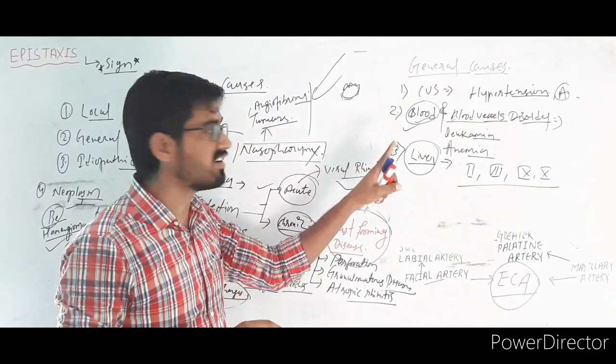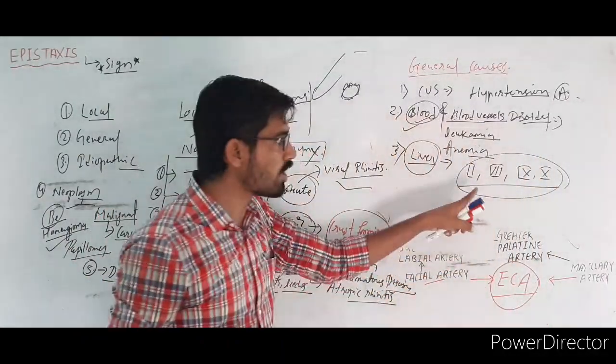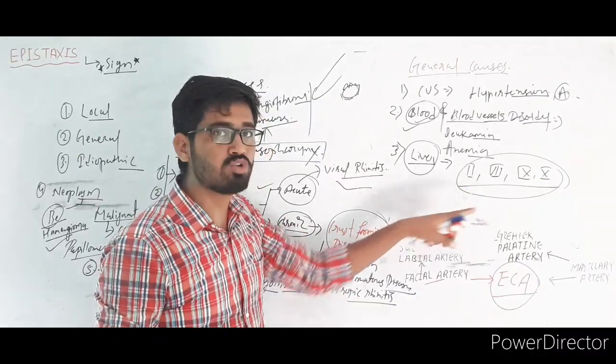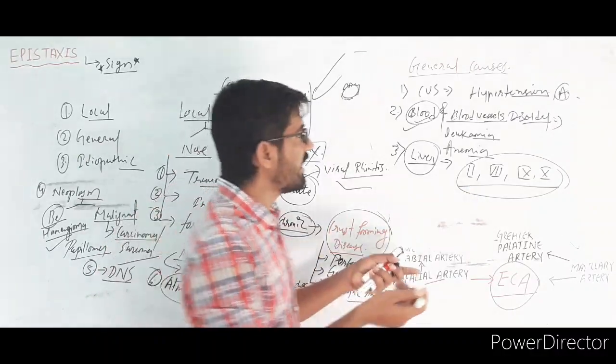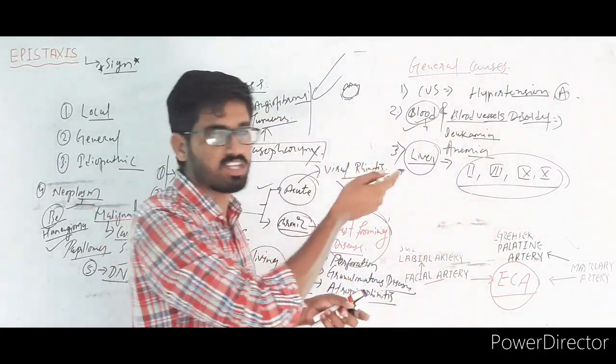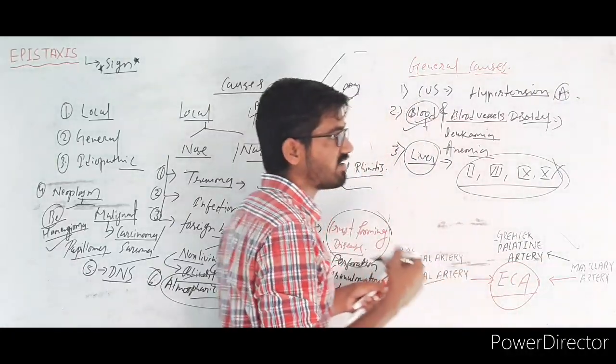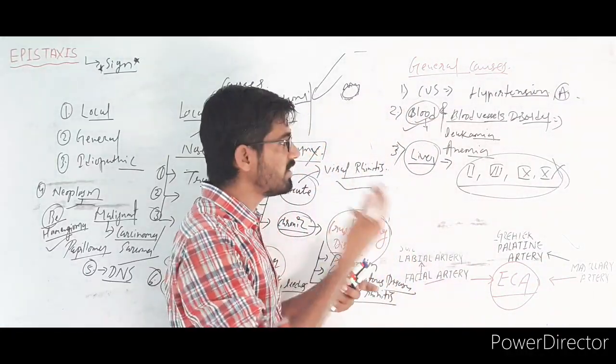If the liver is damaged, these will not be there, and there is no coagulation mechanism. In the blood category you can also add hemophilia. If there is any trauma, bleeding will be there.